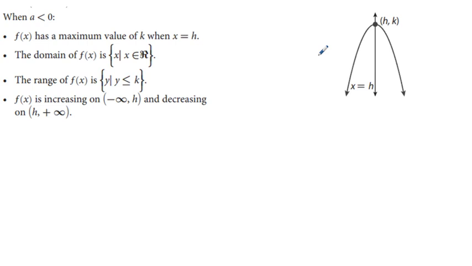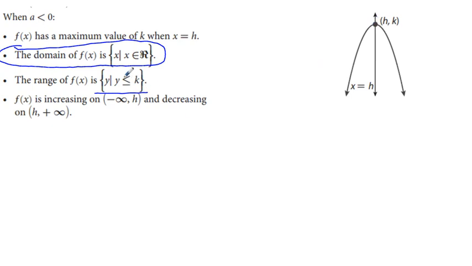And then for a downwards opening parabola, very similar, except that your domain for quadratic functions is always going to be this. Always. But your range is going to depend on having a maximum or minimum value.